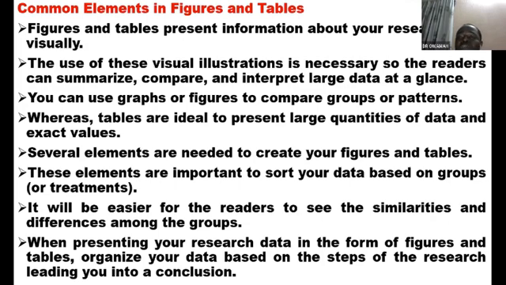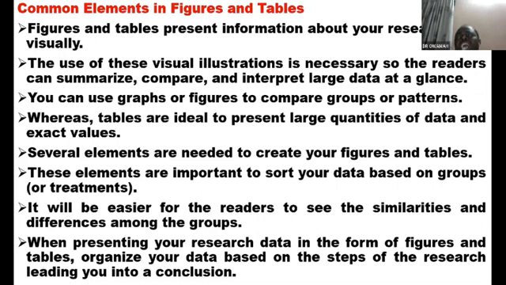Now, common elements in figures and tables. Figures and tables present information about your research data visually, so they must be clear. The use of this visual illustration is necessary so the readers can summarize, compare, and interpret large data at a glance. That's why we use tables. Now, your work is on population. You have looked at the population of people living in Abuja, and then you discover that this is the percentage boys, percentage girls, percentage men, percentage women, percentage employed, percentage unemployed.